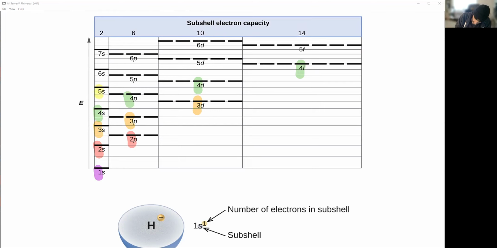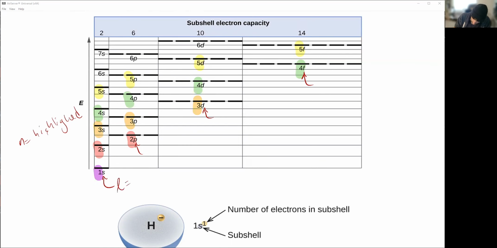Yellow, and then there we've got 5, and so on and so forth. Those are all the values of n, and then the individual L's and subs. So again, n is all of the highlighted ones. And then if we look, the s, the p, the d, the f, those are my L values.